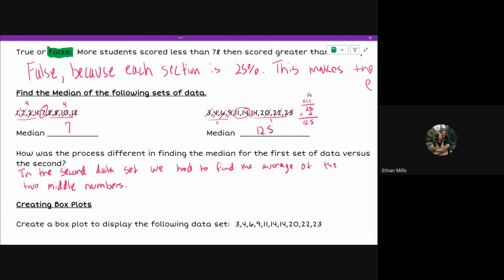Now I do also want to put an important note here. So I'm going to star it, and actually I'm going to write it in a different color. This is important. We did talk about it today.